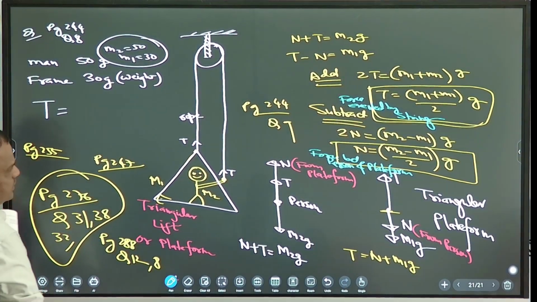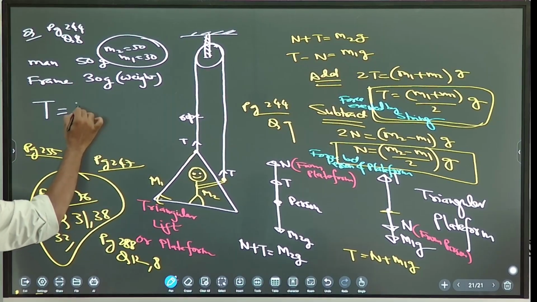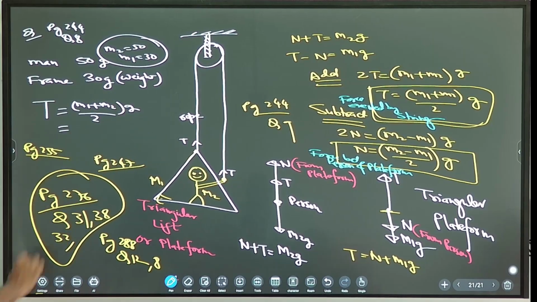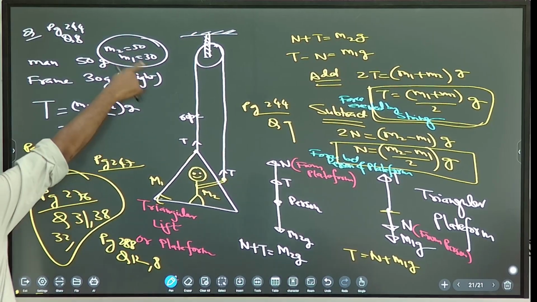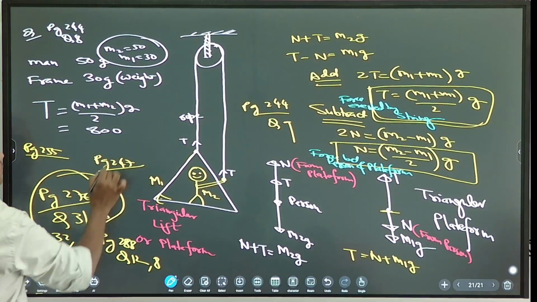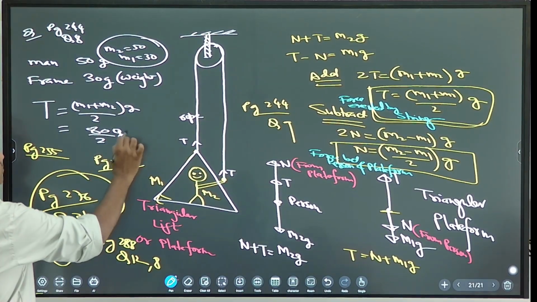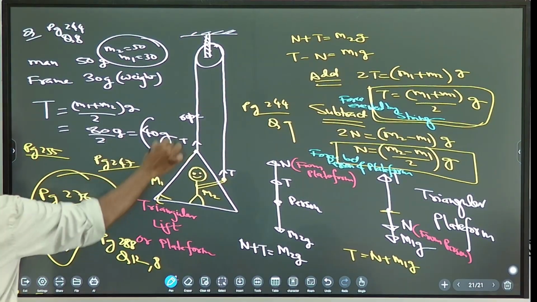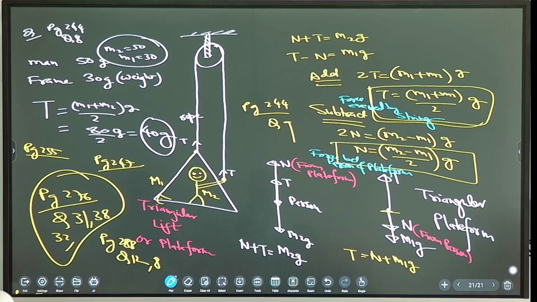Now use this: (M1 plus M2) into G by 2. M1 plus M2 is 80, so 80g by 2, which is 40g. So 40g is your answer. Note down.